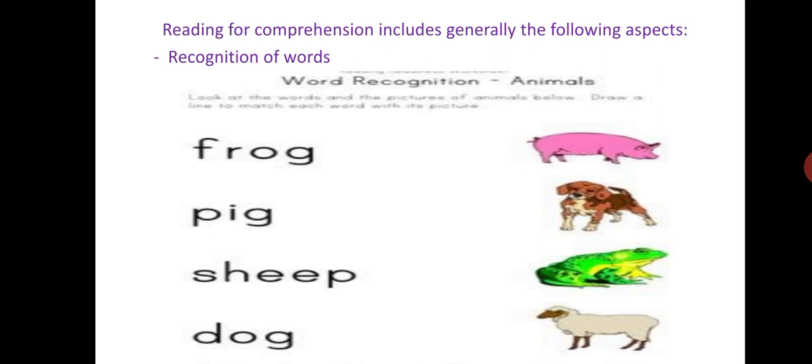The word frog should be matched with the picture of a frog. Same, pig, sheep and dog should be matched with the given pictures. So if students do it correctly, then we can understand that they are recognizing the words and pictures.